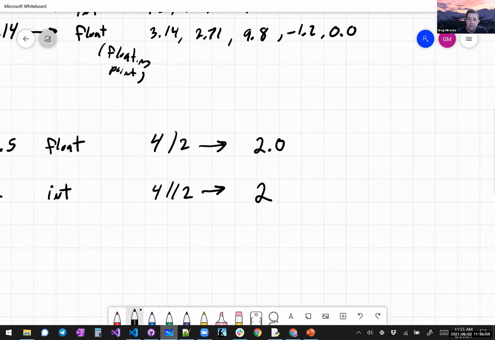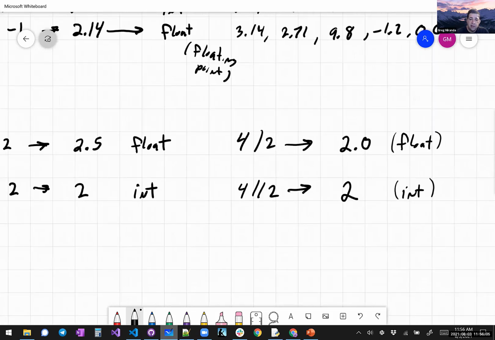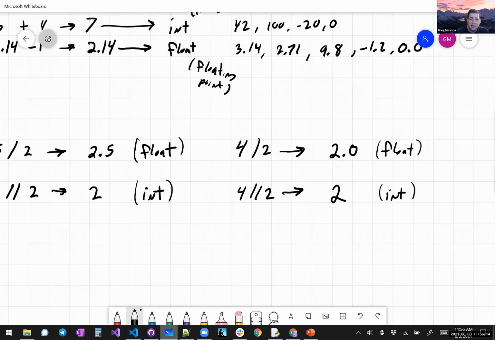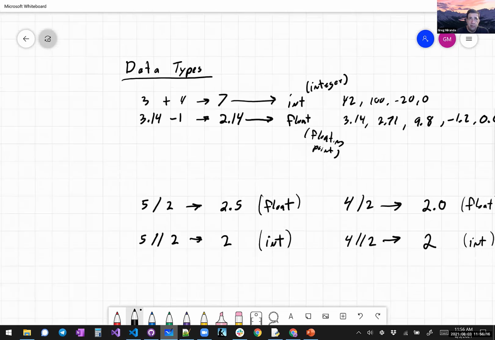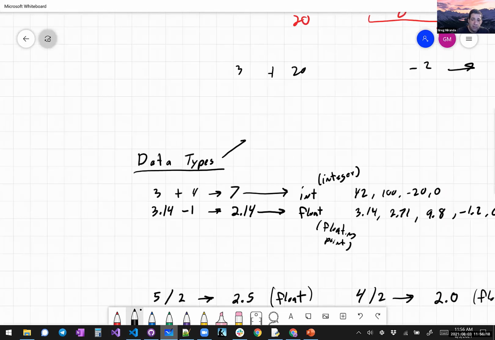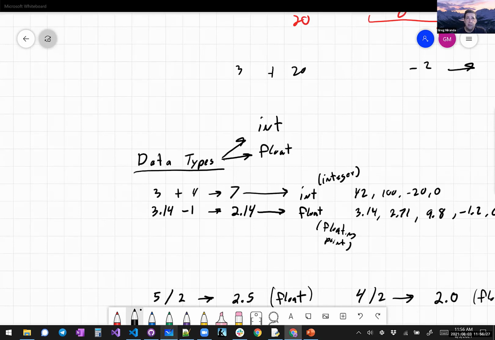This ends up being a float and an int, just like these are floats and ints. We always get a floating point number when we use regular division. So if we think about our data types, we have two types of data at the moment: integers and floats, and they have different purposes. Knowing these two types helps when you're doing numbers.